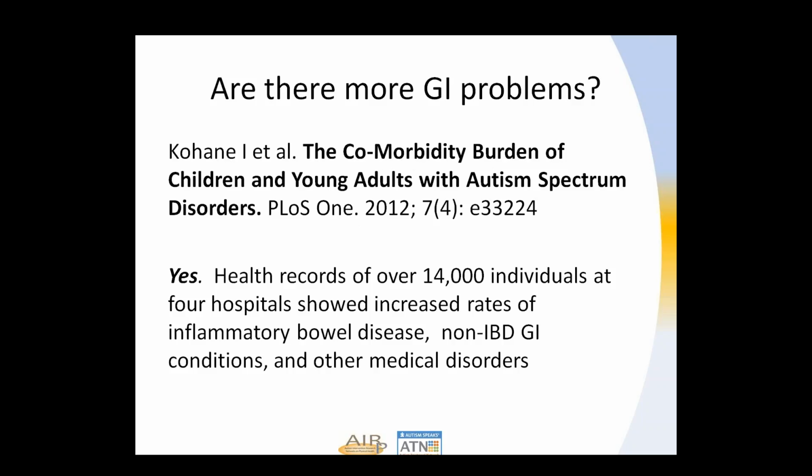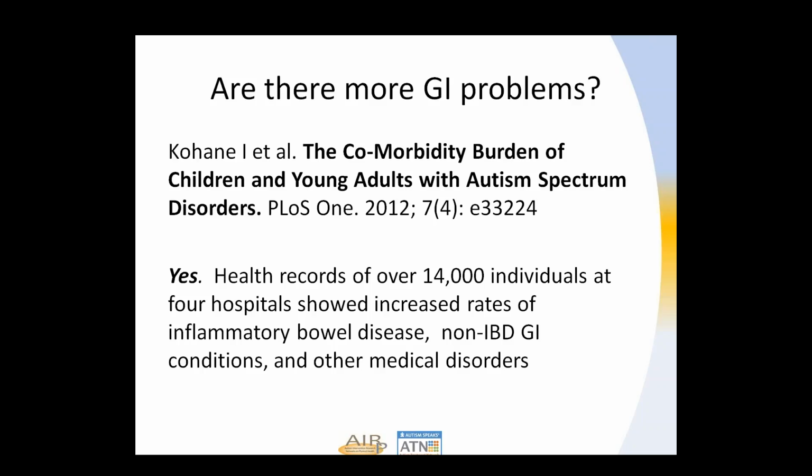More recently, just in the last couple of years, a study out of 4 hospitals in Boston looked at not only GI problems, but other medical comorbidities that occur in children and young adults with autism spectrum disorders.